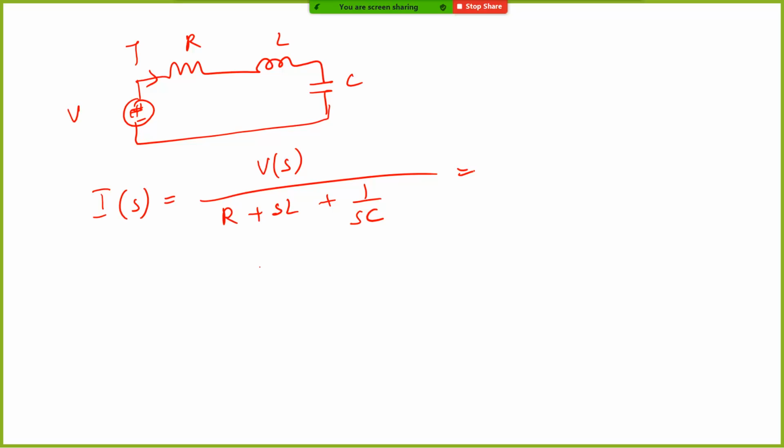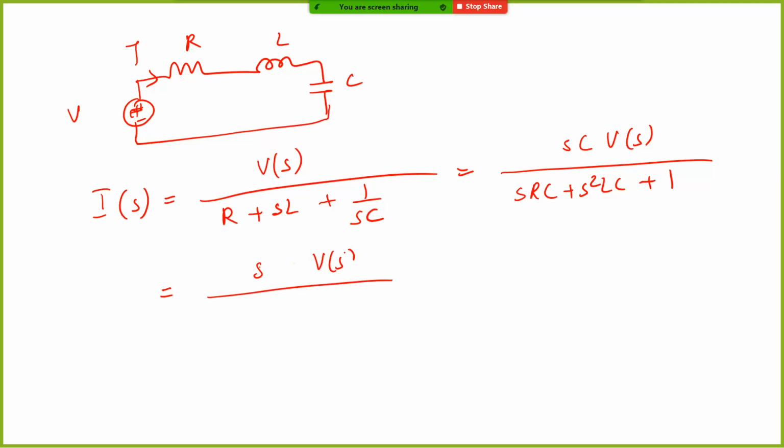Now, can you simplify this and see what happens? So SC times V of S becomes SRC plus S squared LC plus 1. You can also write it so that S squared has a coefficient of 1.